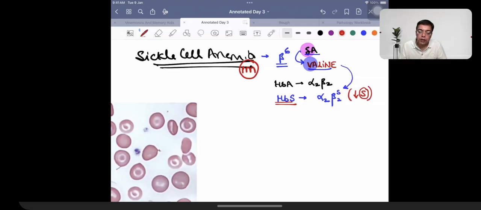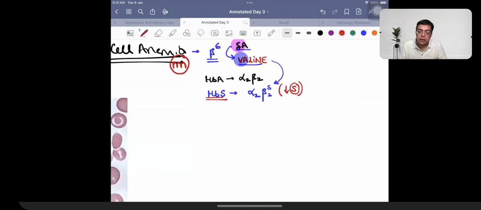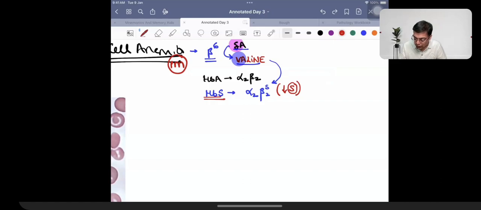Whenever this hemoglobin is seen inside the RBC, the RBCs have hemoglobin polymer formation. Solubility is less, so polymer formation takes place. Polymers of hemoglobin form, and to accommodate these polymers, the RBC has to change its shape.